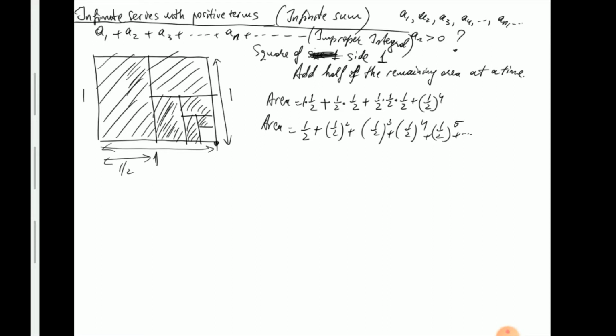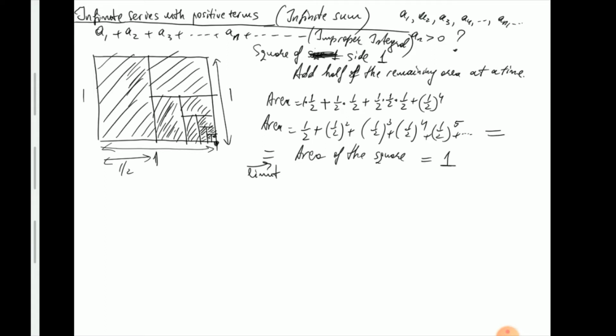And it should be pretty obvious that no matter how many terms I add by continuing this game, by adding half of the remaining part, and so on and so forth, although this is an infinite sum, intuitively, clearly it is going to approach, in the limit, the area of the square, which we know is equal to 1.